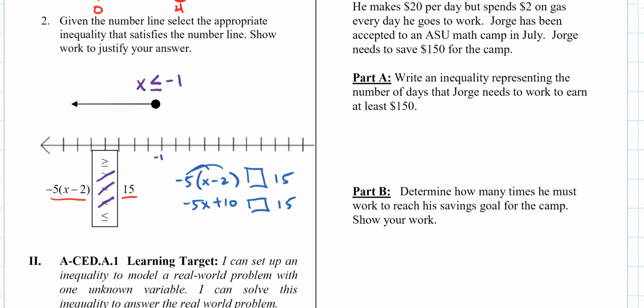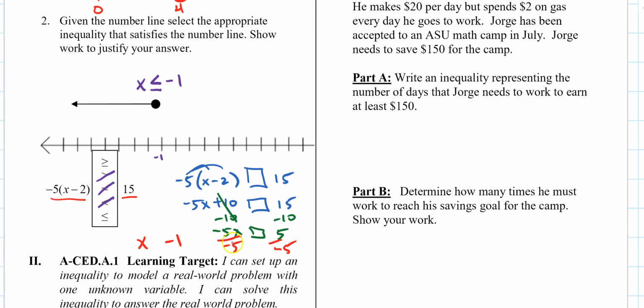Now I'm going to continue solving like we did the last one. Subtract 10, negative 5x compared to 5, and my last step is going to be divide by negative 5, and when I do that, I get x and negative 1.